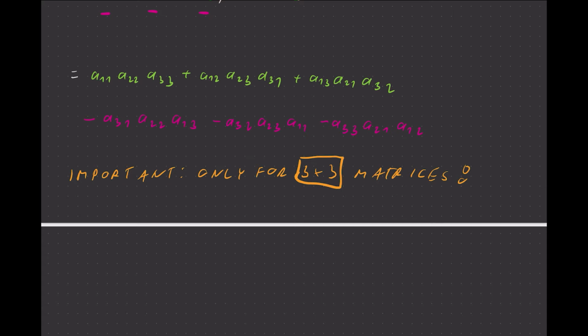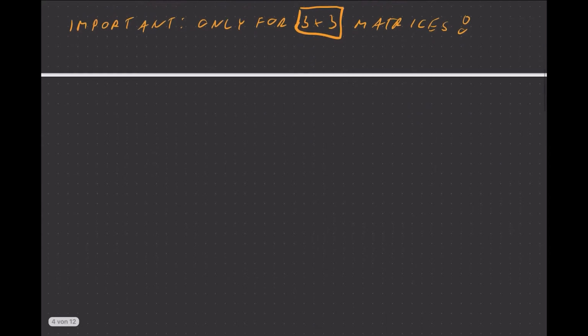So, I'd say these are probably the most well-known ways of computing a determinant, but there are others. And we'll have a look at some more right now. One particularly easy way of computing a determinant is if we have a matrix in triangular form.